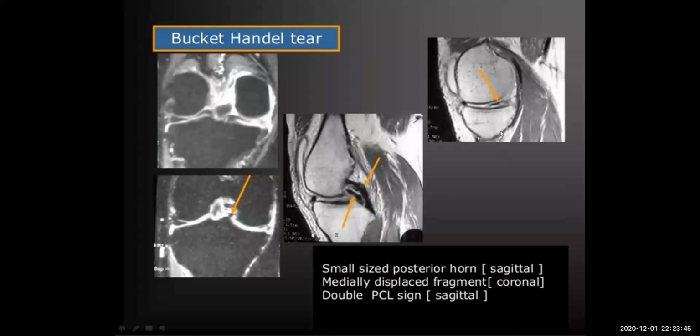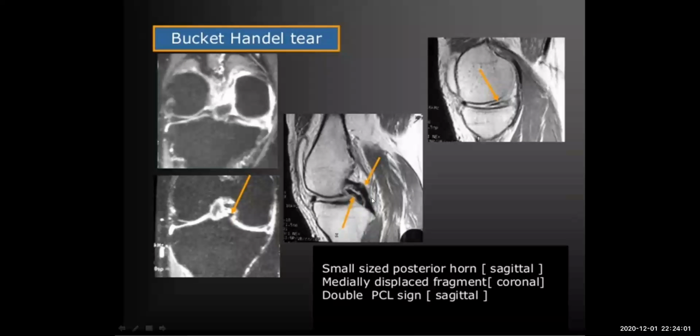Still, you can say confidently the triangle is here and it's not flipped inside the notch.